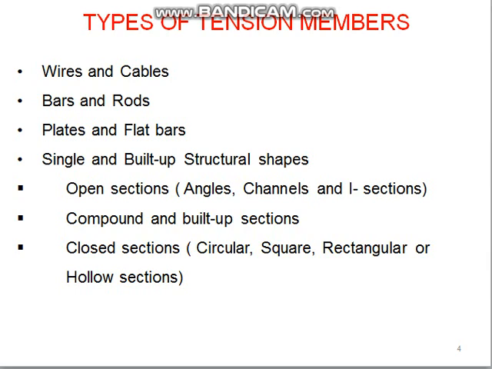Third one, closed sections like circular, square, rectangular or hollow sections. Usually for light and medium loads, angle sections are preferred because they give greater rigidity to the structures.